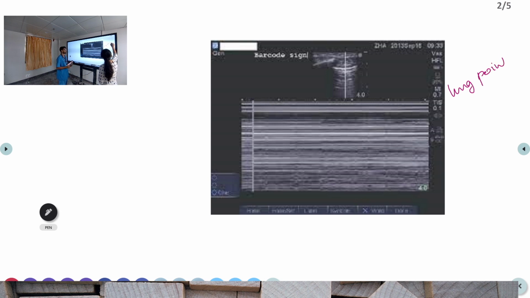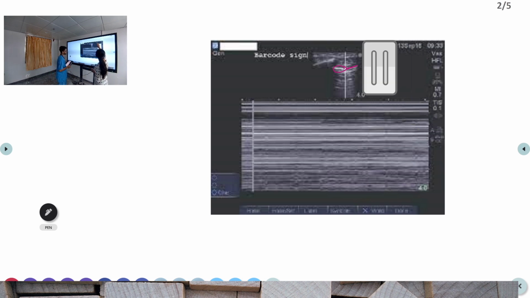Lung point is the point where the pneumothorax starts. If this is the lung point, this portion will be moving and this portion won't be moving. Checking this side, it will be half seashore and half barcode sign. That is a lung point.